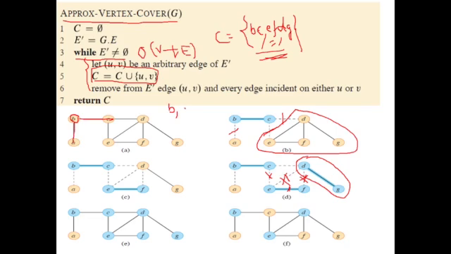Then you pick D. D is connected to this, this and this. And this also. Correct, friends? And then finally you pick E. Very good. This is my optimal vertex cover. How do you find it? Visually looking at the graph, you have found it.